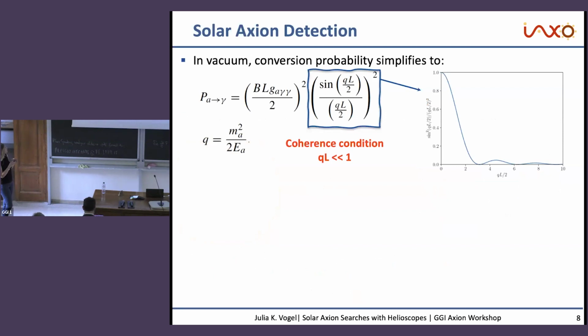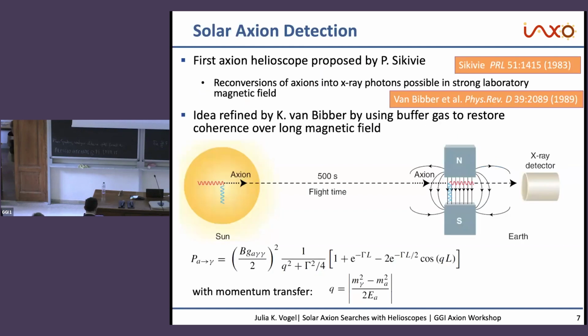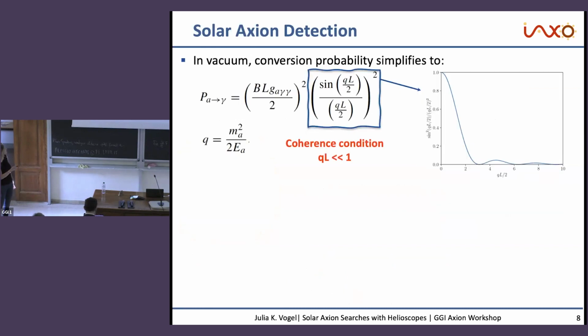So let me take one moment to look into the two different cases we have, the vacuum case. In the vacuum case, the previously shown equation simplifies because we have zero absorption, and our momentum transfer simplifies because the photon mass in vacuum is zero. So we can simplify this equation and get the sine squared x over x squared term, which looks something like this.